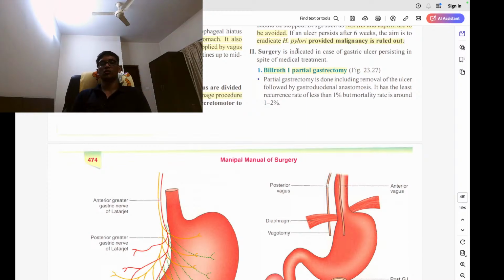Billroth I partial gastrectomy: partial gastrectomy is done including removal of the ulcer, followed by gastroduodenal anastomosis. It has the least recurrence rate, less than 1%, but the mortality rate is around 1 to 2%.